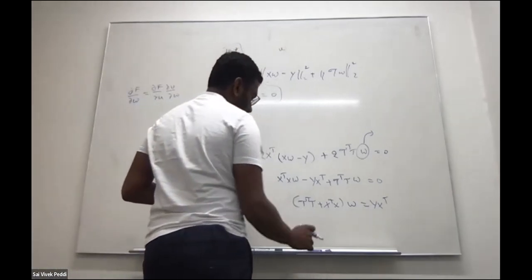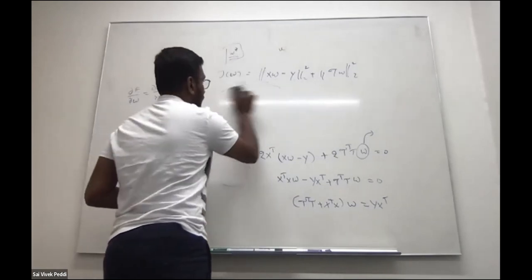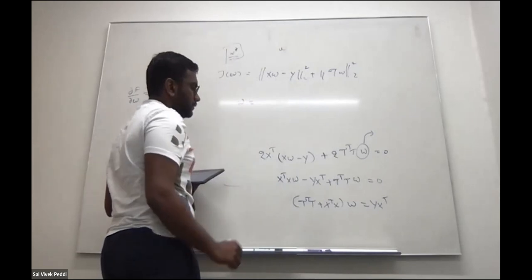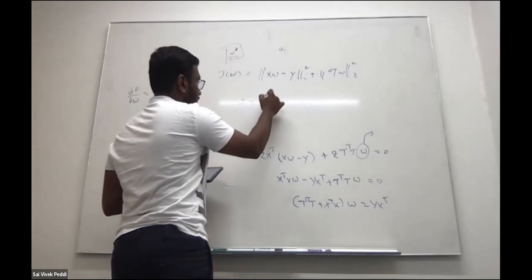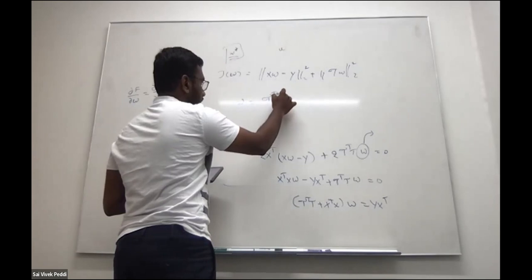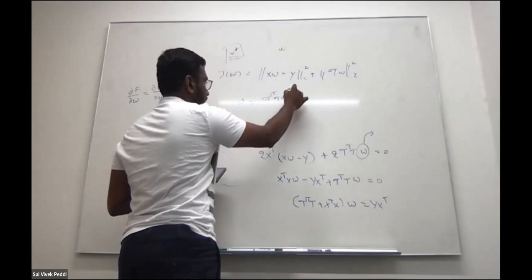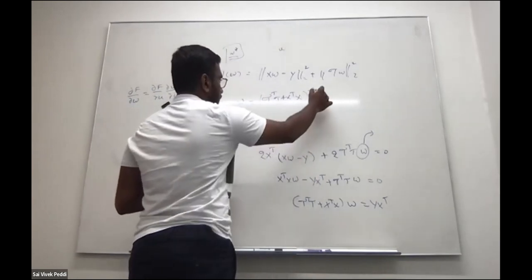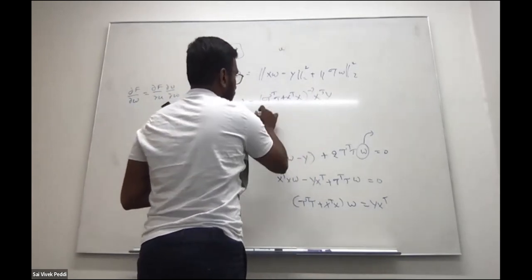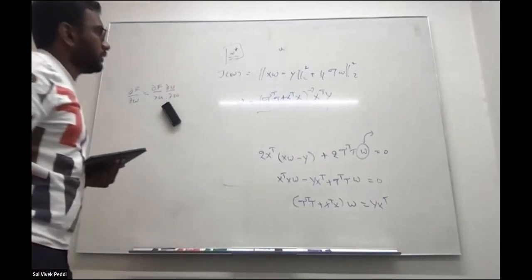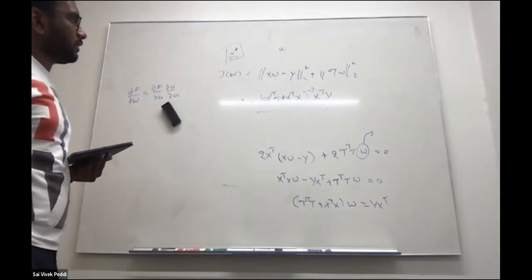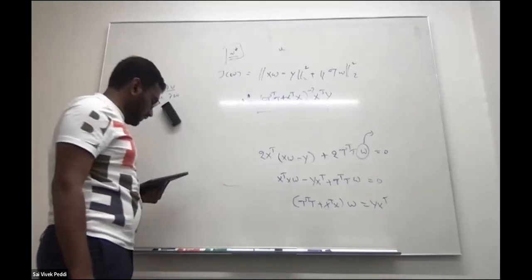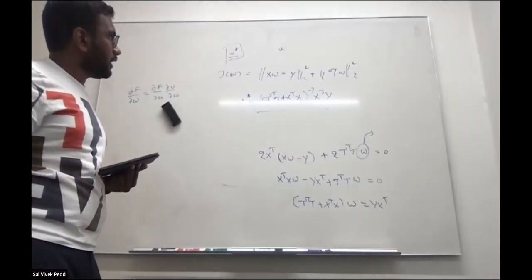That will essentially give me w equals to (tau transpose tau plus x transpose x) whole inverse into x transpose y. So this is the weight vector, which is the optimal weight. That's essentially what the question has asked.